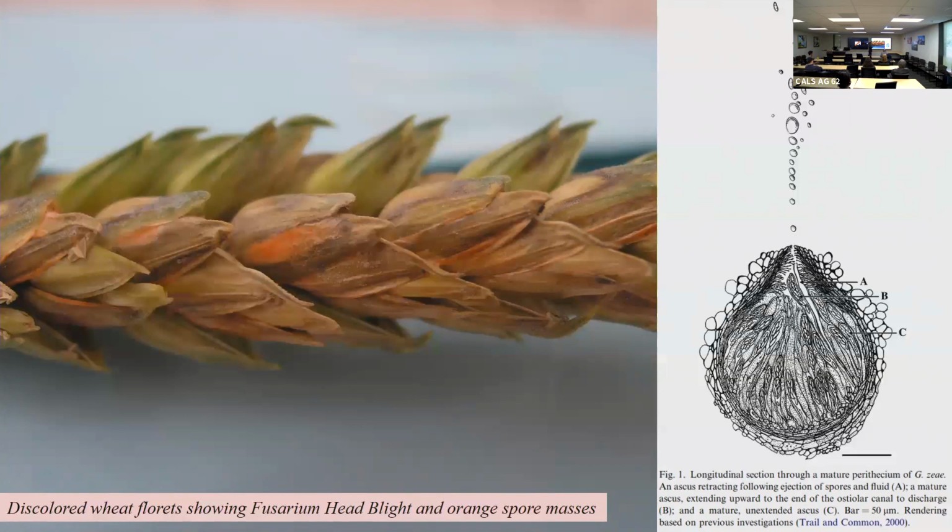But even if it's hot and humid and they just fire indiscriminately, it still may not be successful. They also have to fire at a period of time when the wheat plant is vulnerable. That ends up being during flowering. So this disease is favored by the combination of hot and humid conditions during flowering.